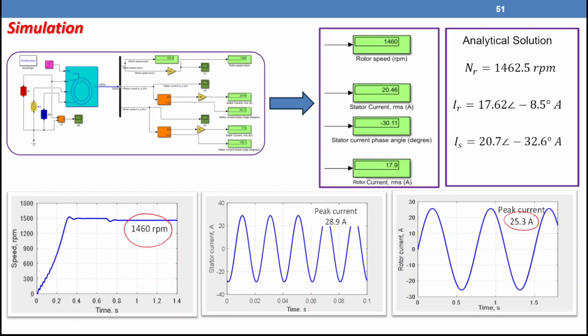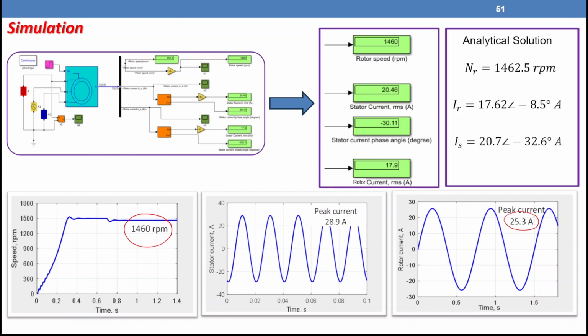Why is there a difference between the analytical solution and simulation? Please remember that we solved the problem analytically using the first approximate equivalent circuit, but the simulation uses the exact equivalent circuit. So this is why you find the difference between the analytical and simulated results.